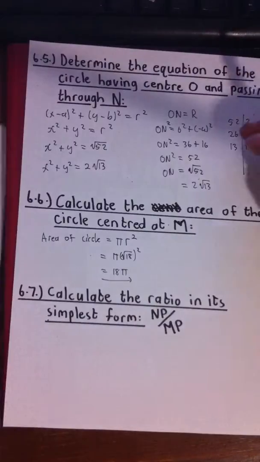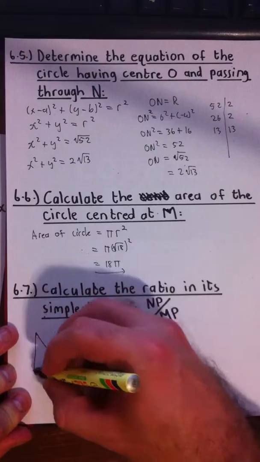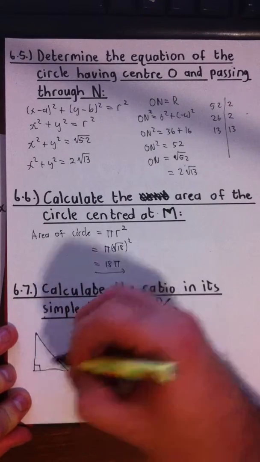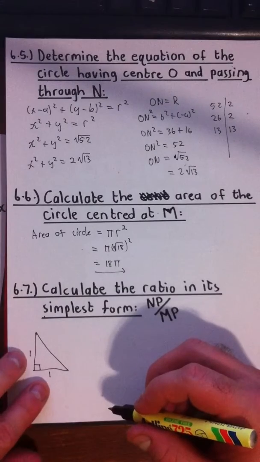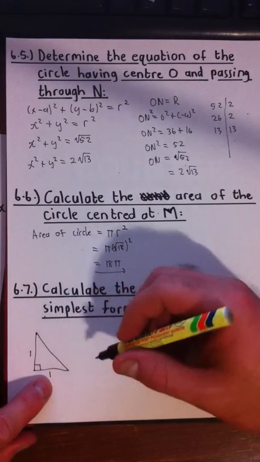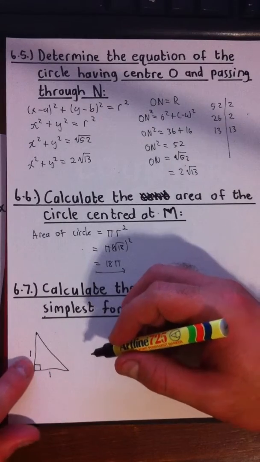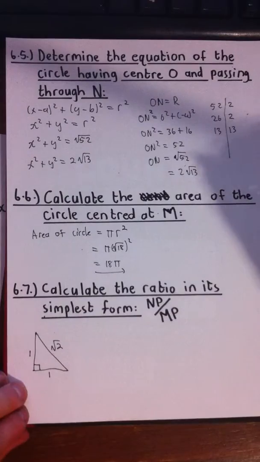Well, let's see what that would be. So in essence, what we have is a triangle of this form. Two sides are the same ratio, same length. So what would this side be? That would be the square root of 1 squared plus 1 squared, which is 2. So this would be the square root of 2.